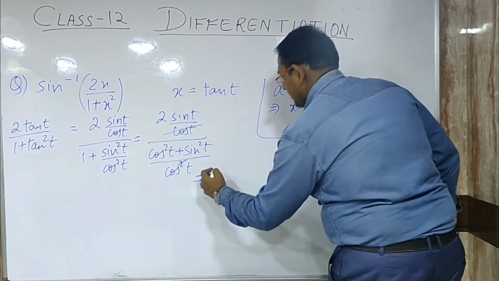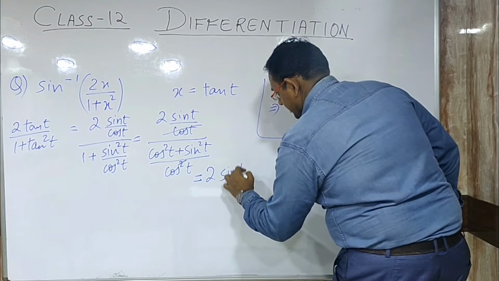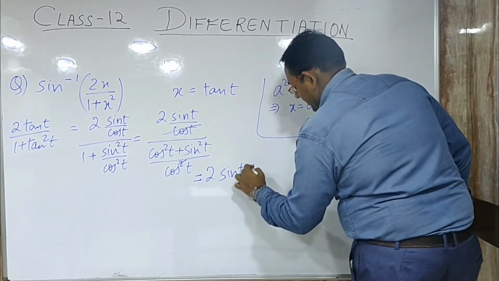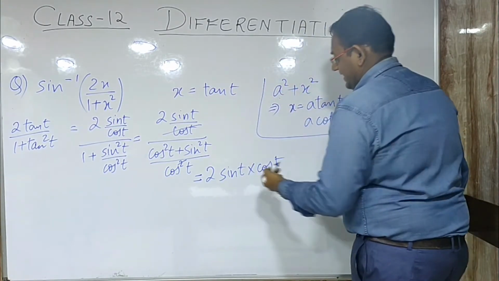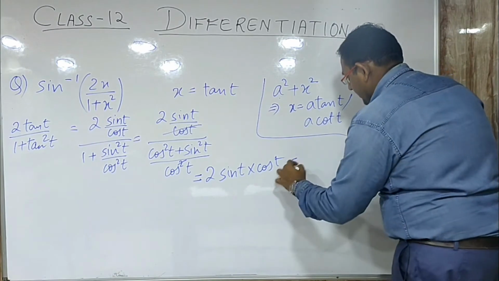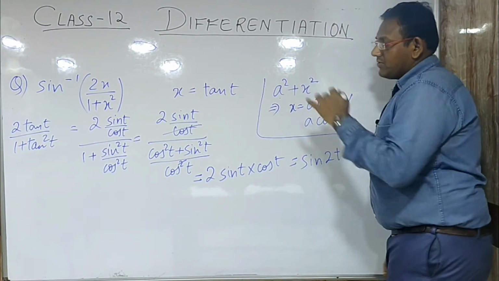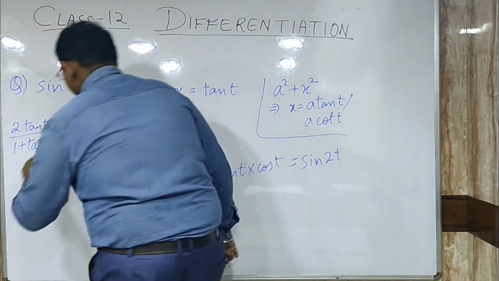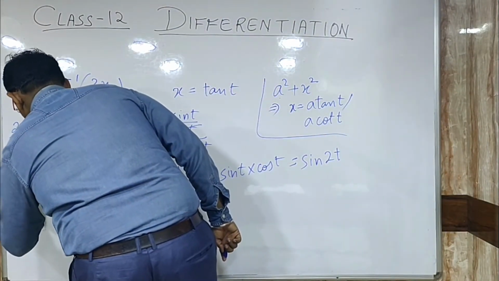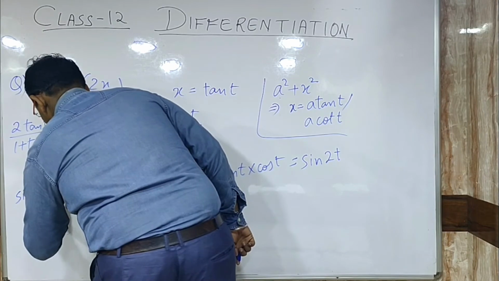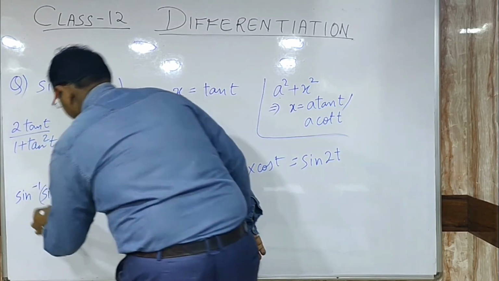So basically we are going to just revert this part. We are solving this like this: 2 sin t cos t, and this we already know is sin 2t. So our question, sin inverse of this, became sin inverse of sin 2t.